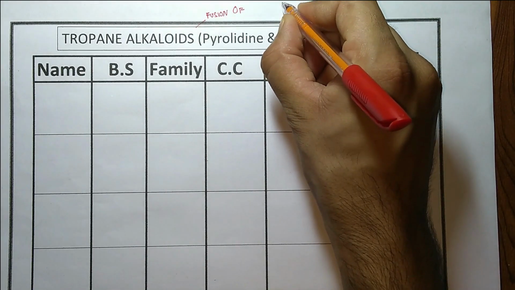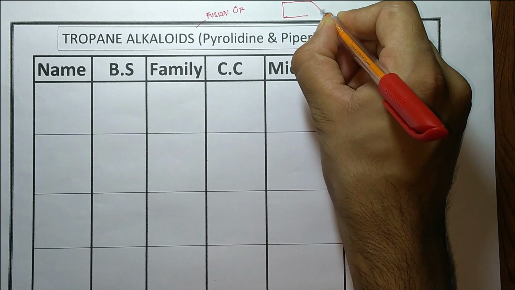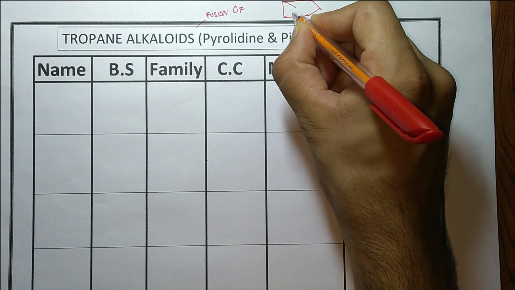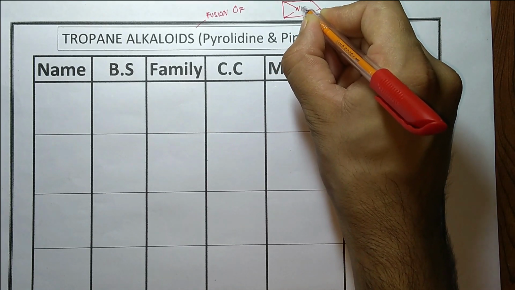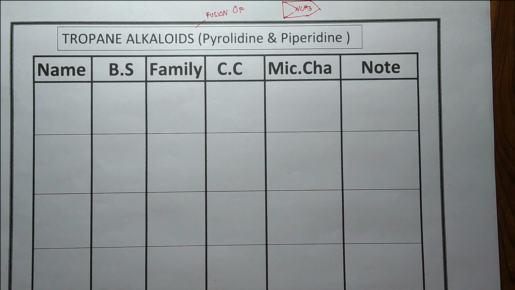Here we have a simple structure of this. This is the common methylated nitrogen. So it's a structure of pyrrolidine and piperidine.